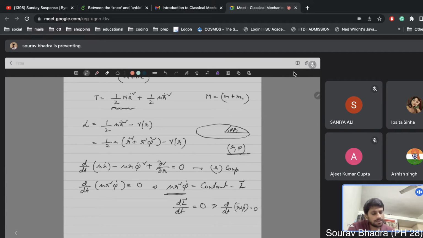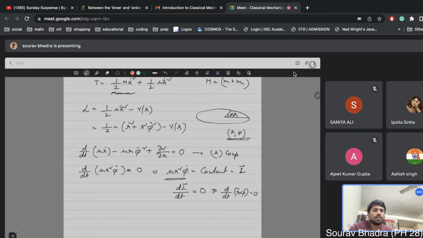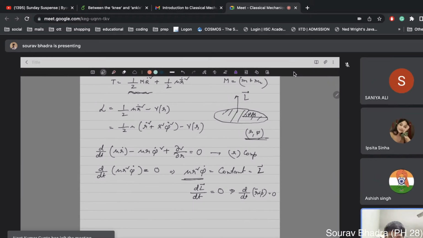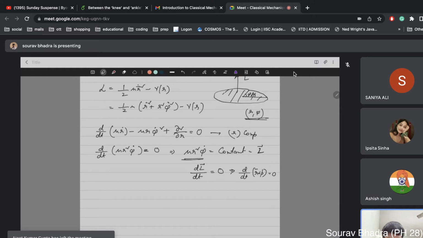By this analogy you can say that our motion will always be in the plane perpendicular to the angular momentum of that particular system. So if the motion is in this plane, then the angular momentum will be perpendicular to the plane. So our motion will be confined in a plane. This is all you have seen.